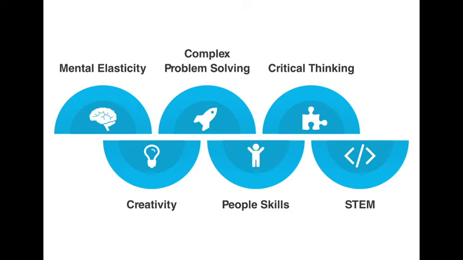STEM stands for science, technology, engineering, and maths. Now, the great part for you guys, for IT Varsity students, is that all of these are built into Entrepreneur, whether you're seeing it directly or indirectly. We are teaching you new skills, we are teaching you creativity, we're teaching you to solve problems through both the learning as well as through the projects that you are doing.